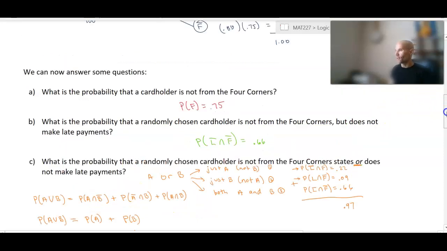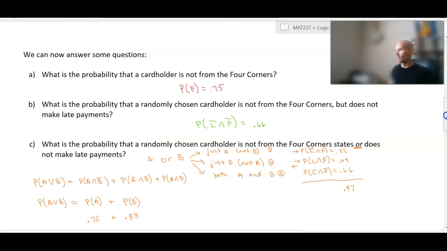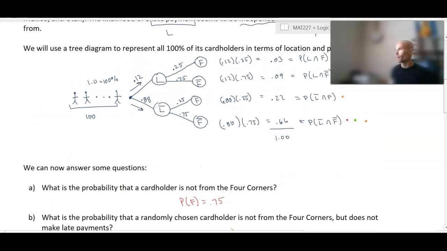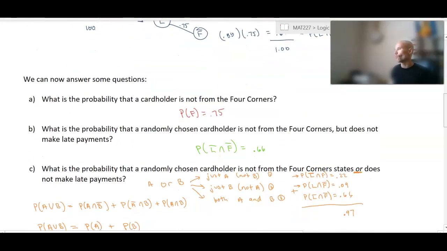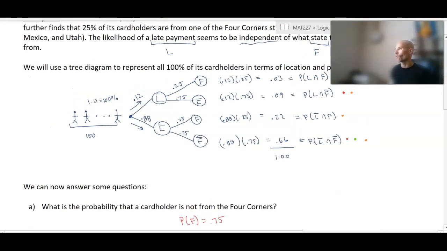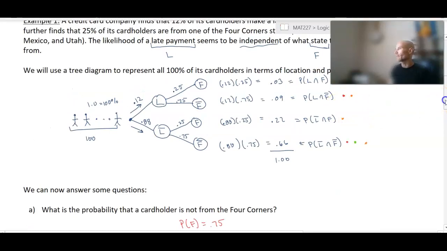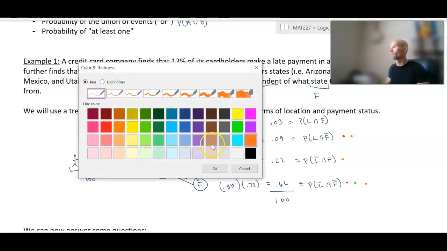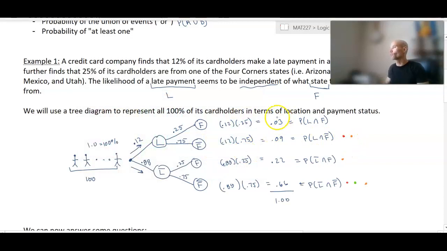Let's go back up here and see why this contradiction occurred. So the percentage of people who are not from the Four Corners, let's capture them. What I'm going to do here is we're just going to circle those numbers. So the people who are not from the Four Corners, that's these guys plus these guys.